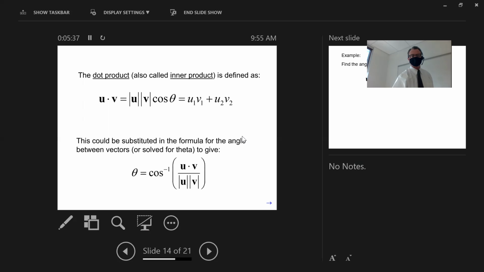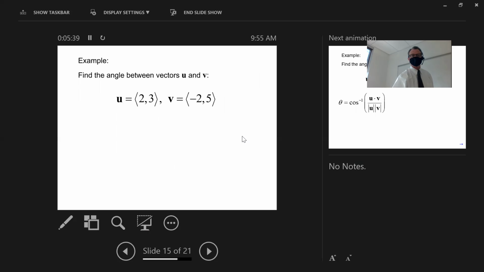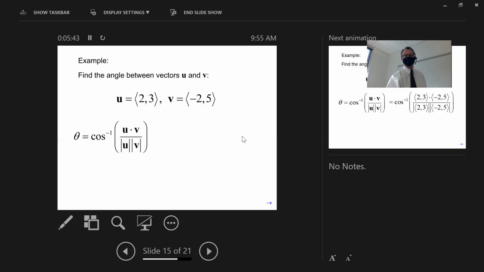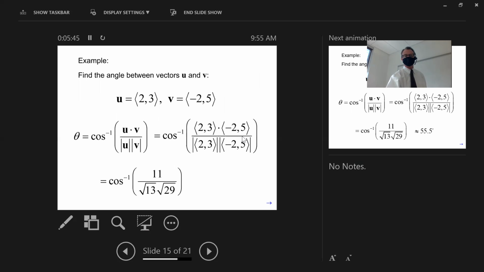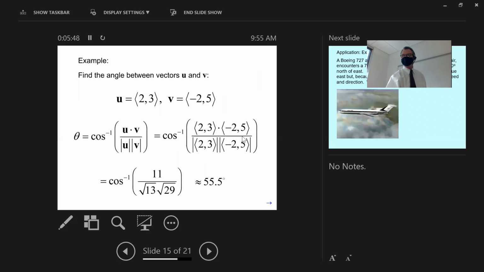And again, you're not accountable for this. So how about if we wanted the angle between these two vectors? Well, that's what they did. They did this. You're not going to have to do that. We would do inverse tan for the vectors.